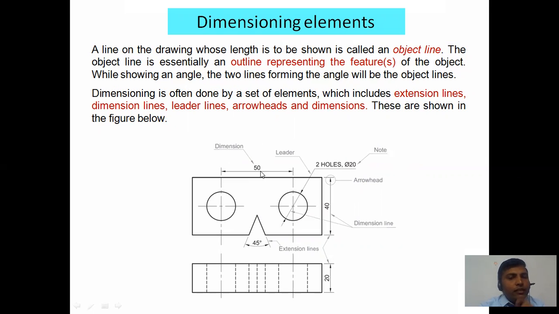So this is the location. 50 is indicating the location of the circle. Center to center distance between these is a location dimension. So two holes of 5, how many holes are mentioned? That is the quantity.